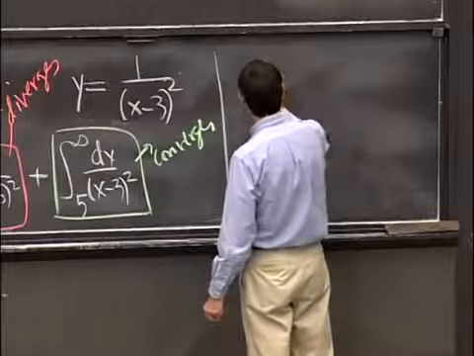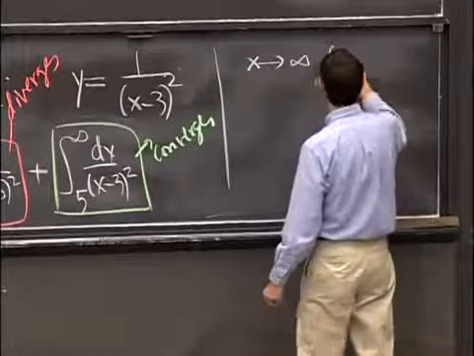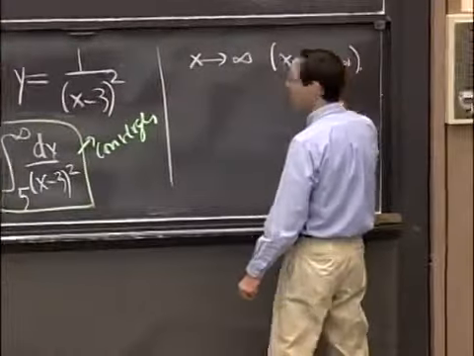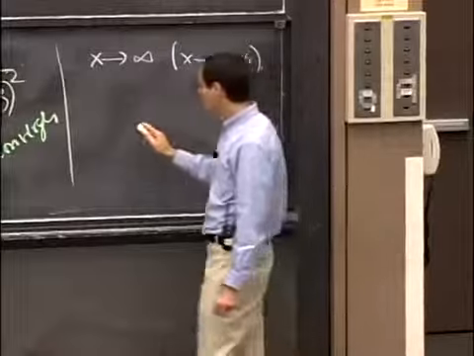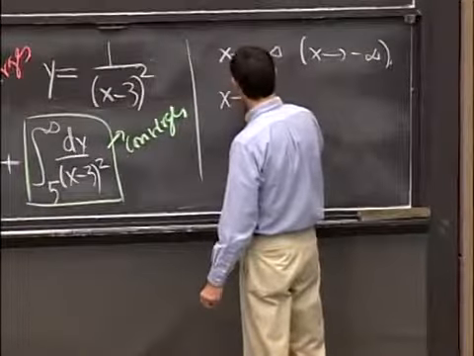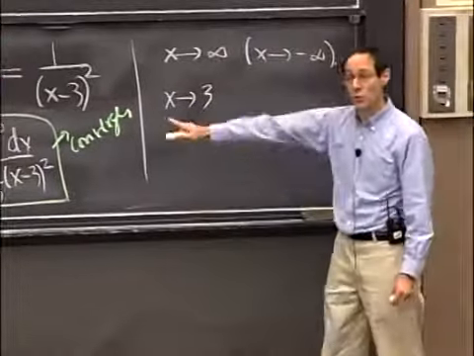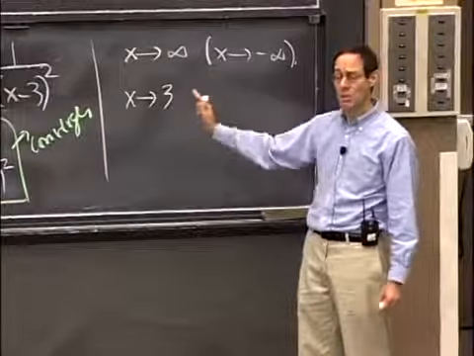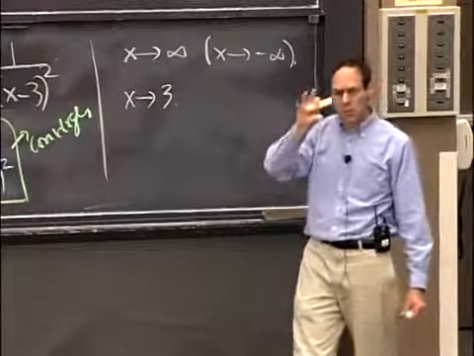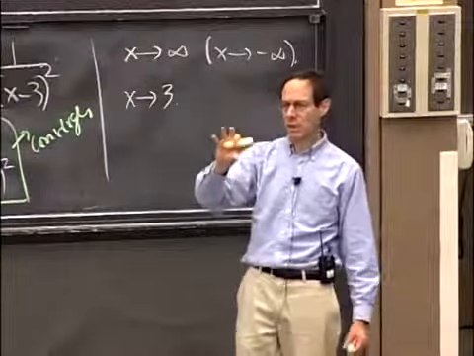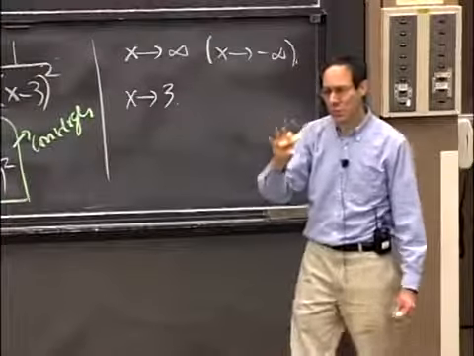You always have to check x going to infinity and x going to minus infinity if they're in there, and you also have to check any singularity, like x going to 3 for sure in this case. So you have to pay attention to all the places where the thing is infinite. And then you want to focus in on each one separately and decide what's going on at that particular place.